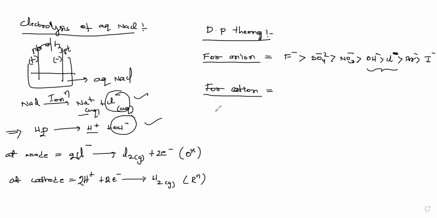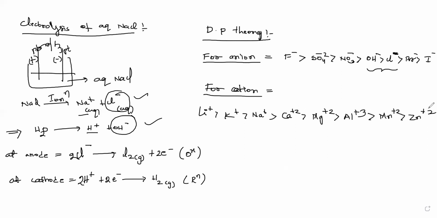We can take Li plus, next K plus and Na plus, next Ca plus 2, Mg plus 2, Al plus 3, then Mn plus 2 and Zn plus 2, next Cr plus 3, Fe plus 2, next H plus and Cu plus 2, Hg plus, and next Ag plus and Au plus 3.